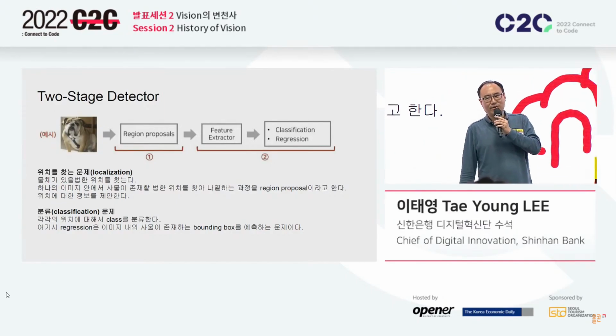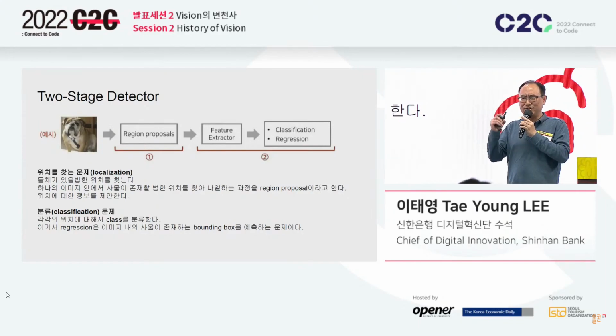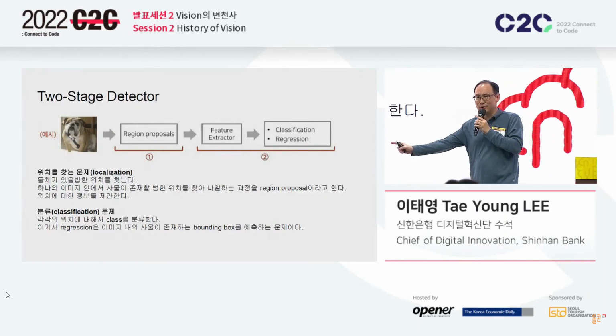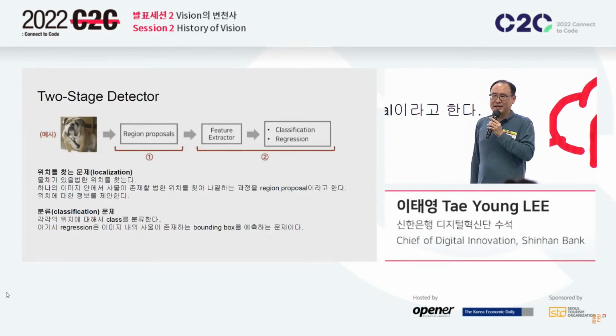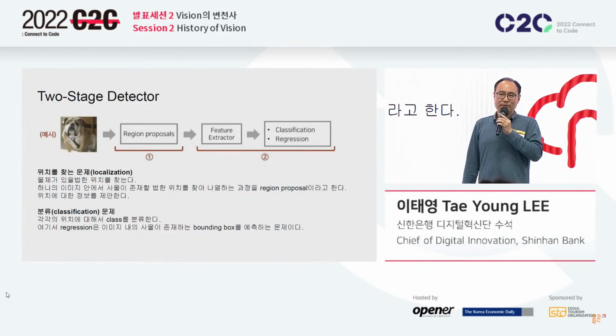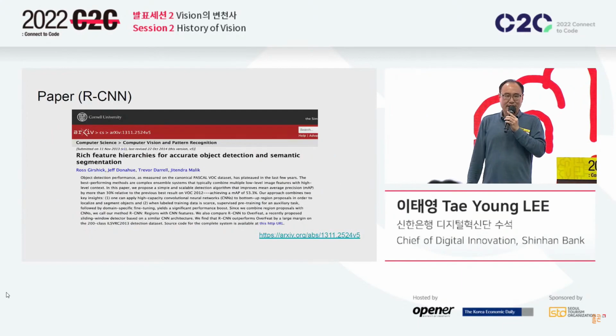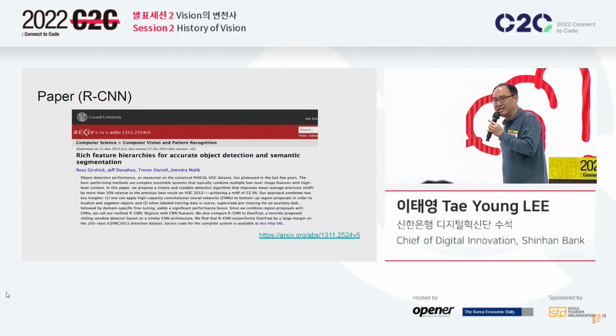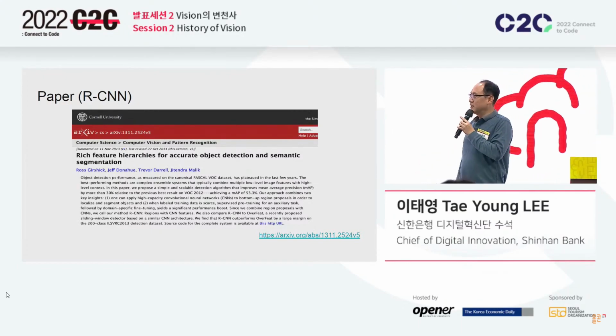So doing it in two steps means that we can extract very small pixel-sized images. Doing it all at once means that we can save a lot of time by roughly detecting the object from the image. In the two-stage detector, there are concepts related to R-CNN.